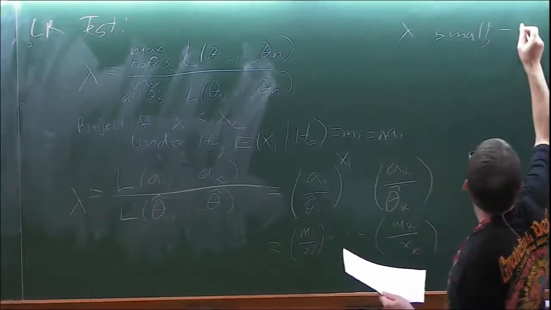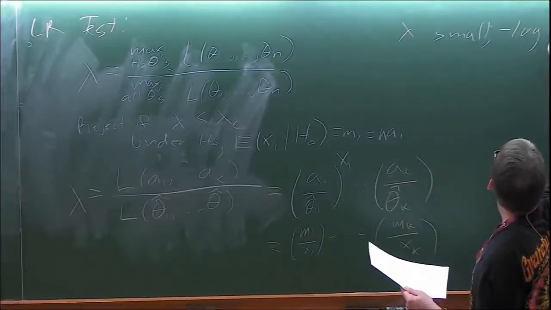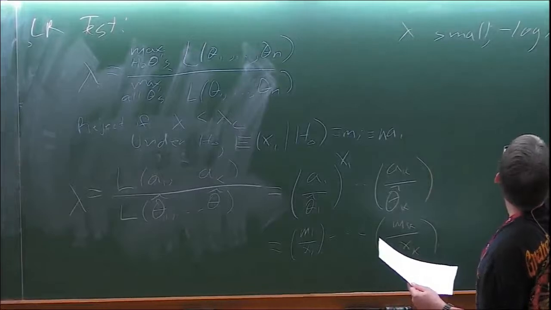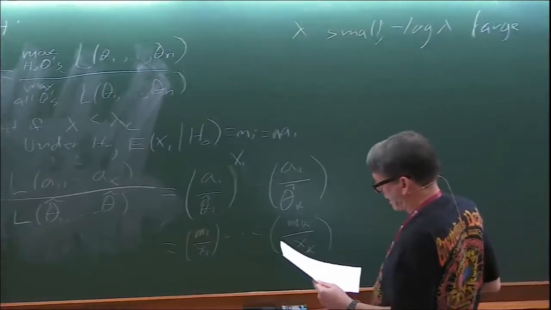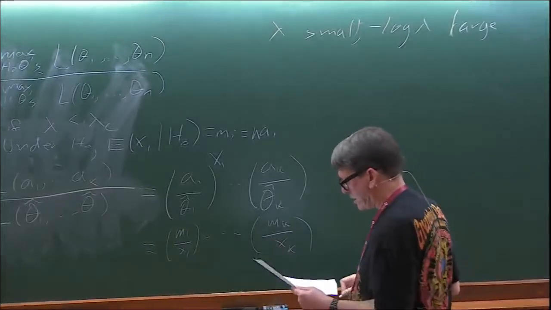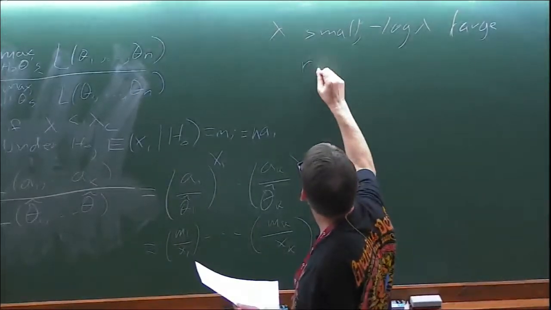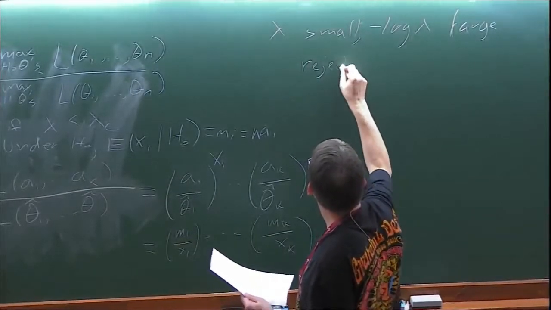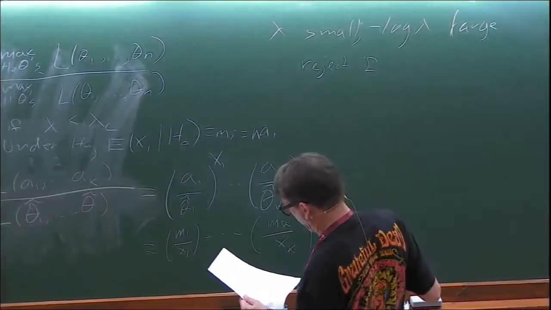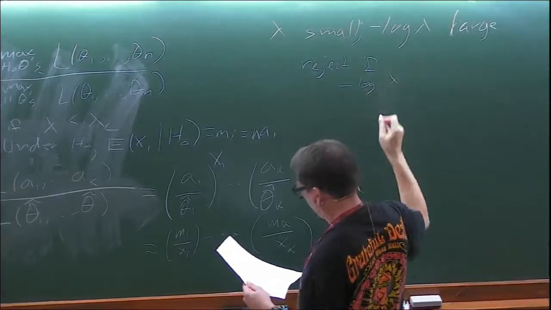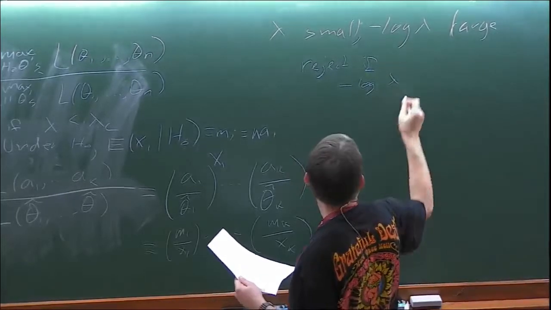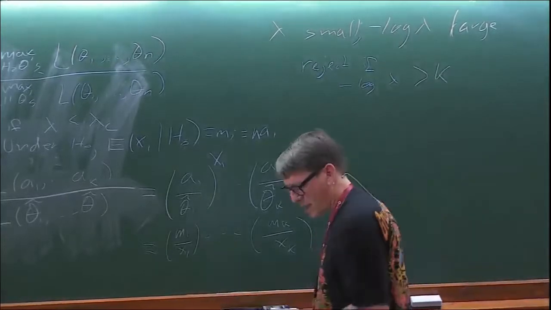So the thing that you should note here is that if lambda is small, then minus log lambda is large. And so you reject if minus log lambda is greater than k.